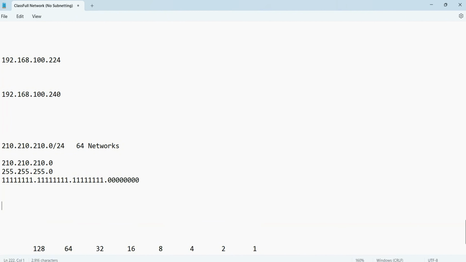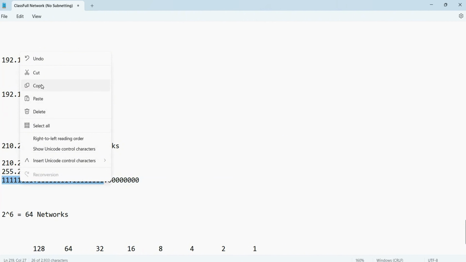So how many bits do I borrow from the last octet to get 64 networks? Look, the first 3 octets are the network ID. So 2 to the power of 5 is 32. 2 to the power of 6 is 64. So 2 to the power of 6 equals 64 networks. See that? How many bits did I borrow? 6 bits. Let me copy this right over here.